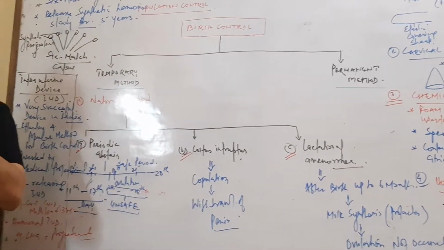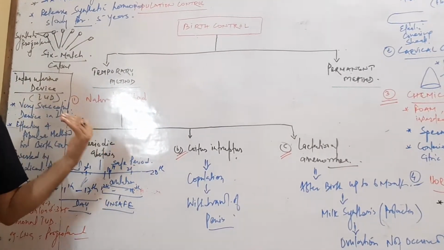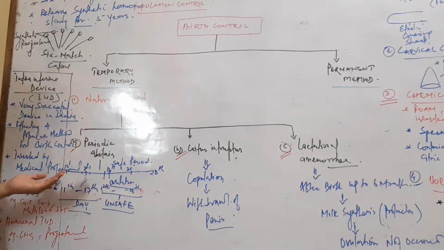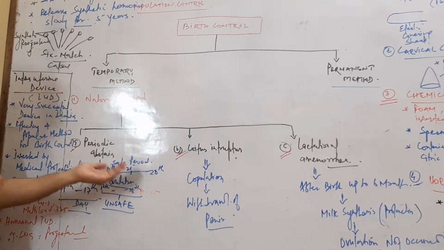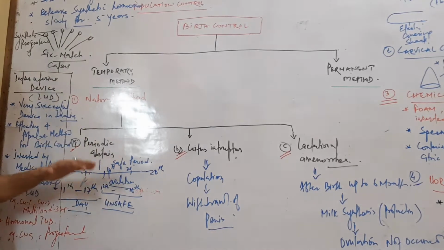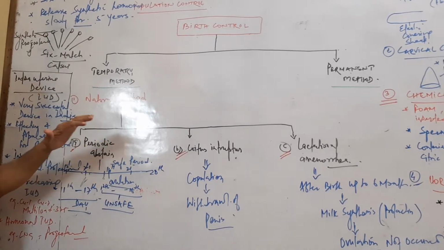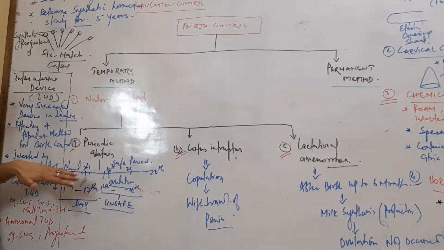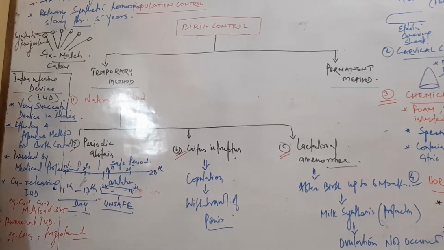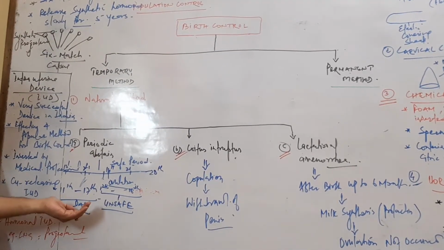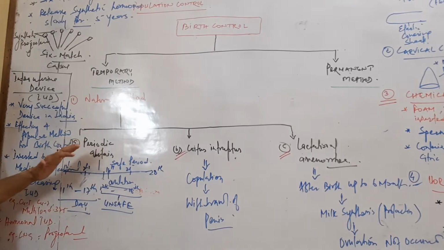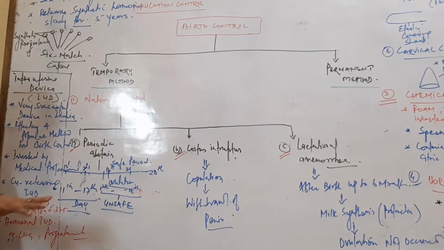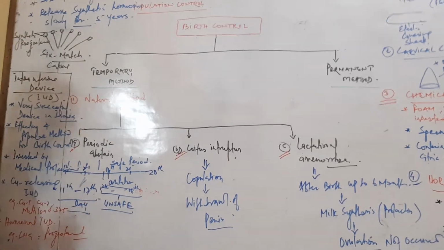The lifespan of the ovum or egg is up to 48 hours. So 2 days before and 2 days after ovulation is considered an unsafe period, and outside that it is the safe period. During the safe period you can have intercourse without contraceptives.